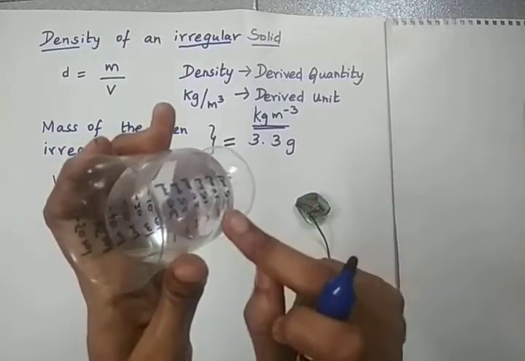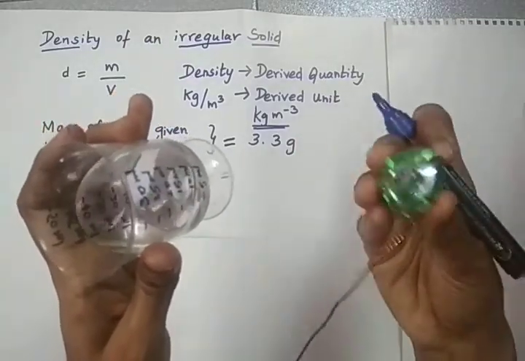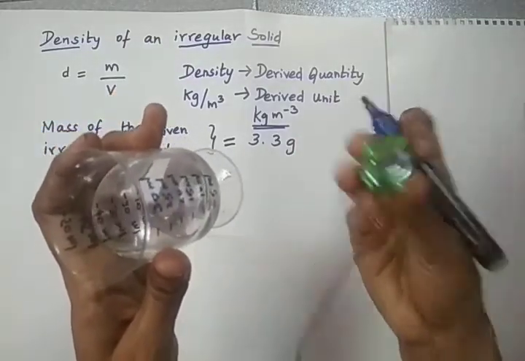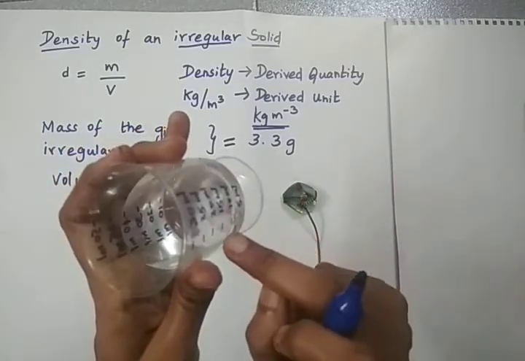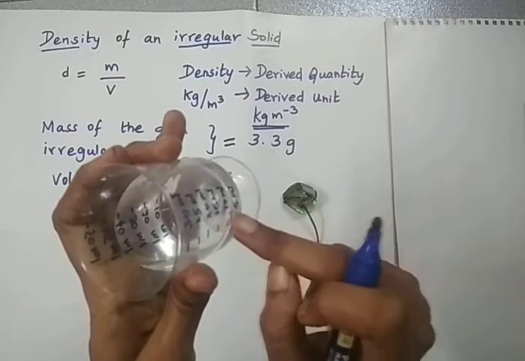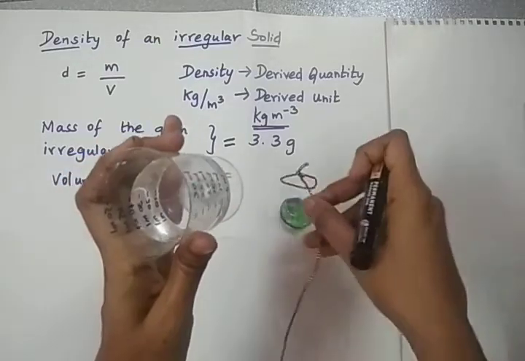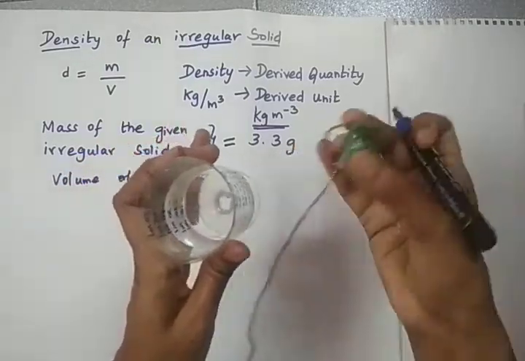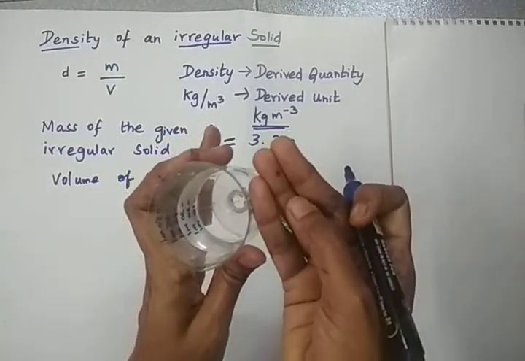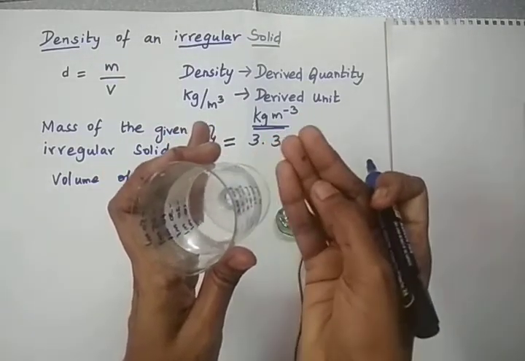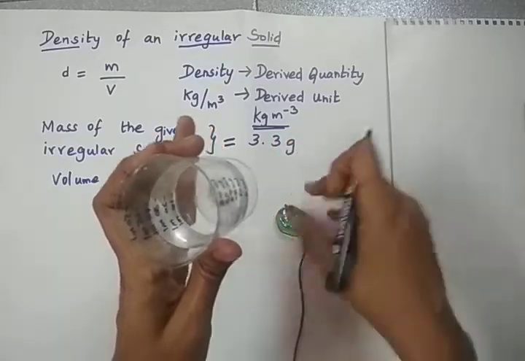So first we have to tie this stone or the pebble with a thread, and then fill the measuring jar with a particular level of water. Note the initial level, and then immerse this pebble using this thread into this water, and there will be an increase in the level. Note the final level. The difference in both the levels will give you the volume of this pebble.